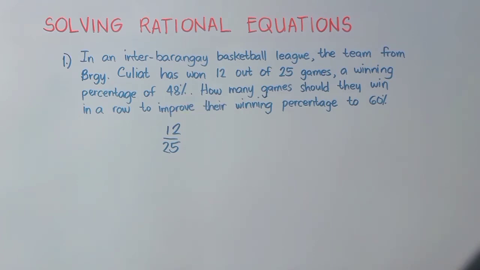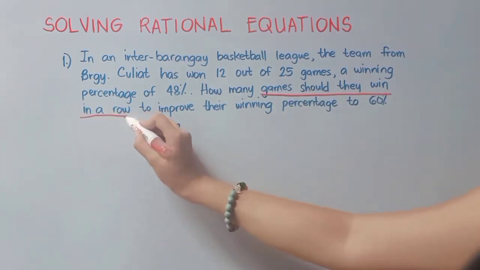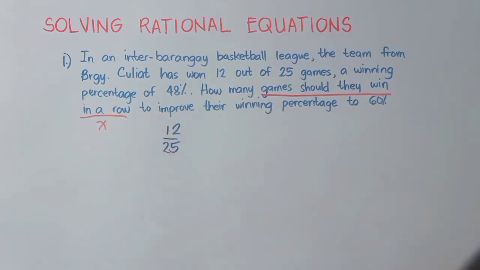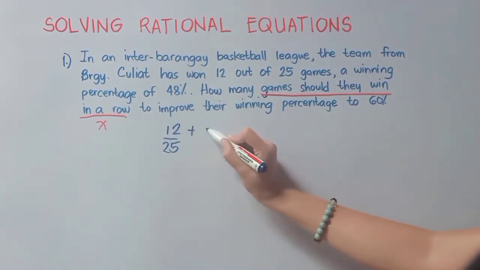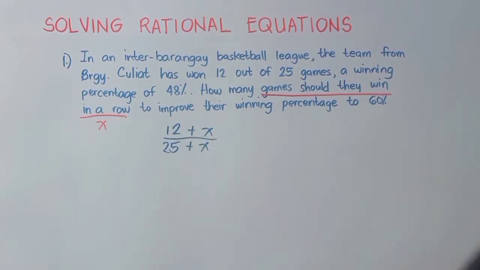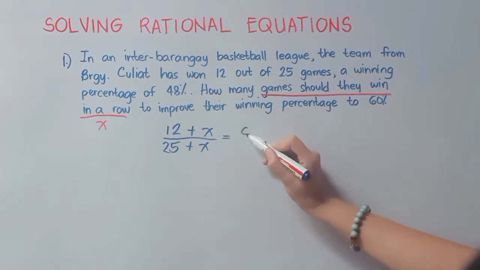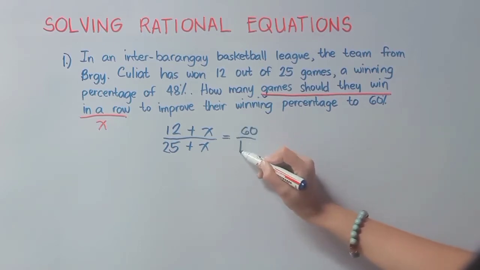Now, we have to add the number of games they should win in a row in order to improve their winning percentage. Since this number of games is still unknown, we'll just place x. So we have 12 plus x all over 25 plus x is equal to 60%, which is 60 out of 100.